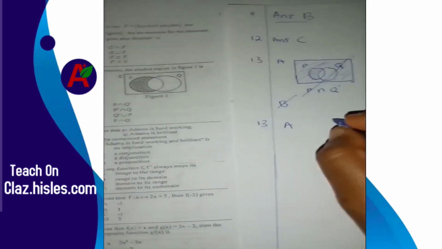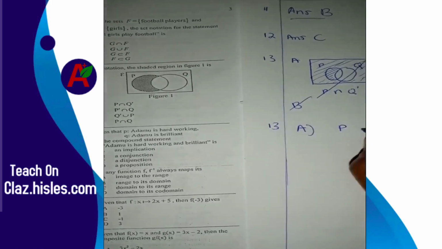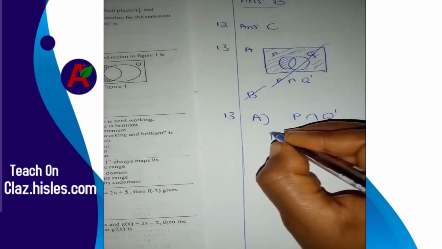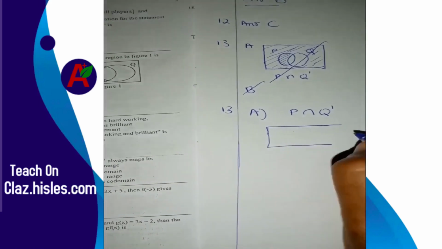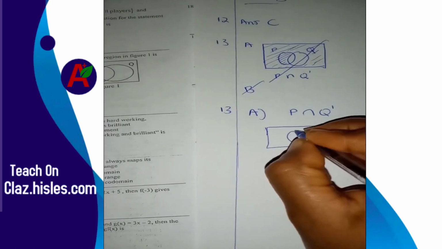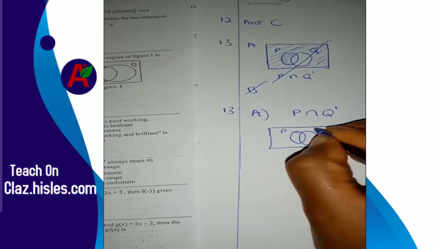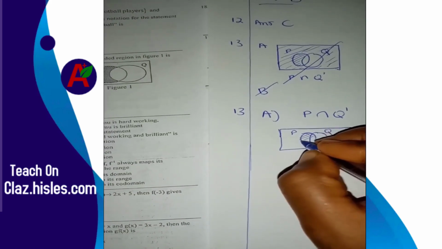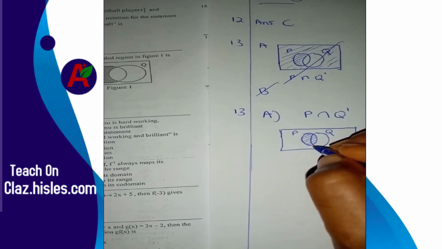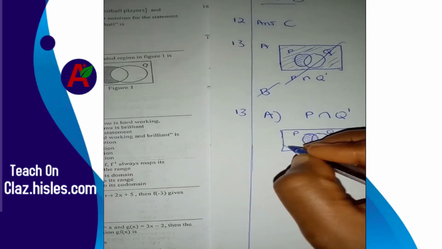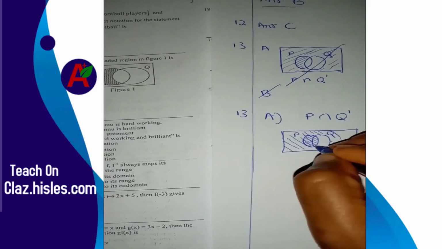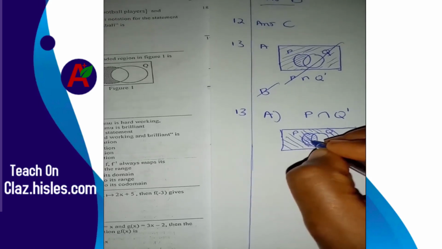This is our option A. Option A says P intersection not Q. Our Venn diagram has P, it has Q. So P intersection not Q will be this.